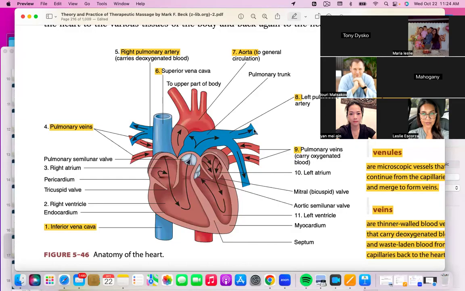The freshly oxygenated blood is collected from the capillaries into the pulmonary vein and returned to the heart. So, pulmonary vein, where's our pulmonary vein? Right here.